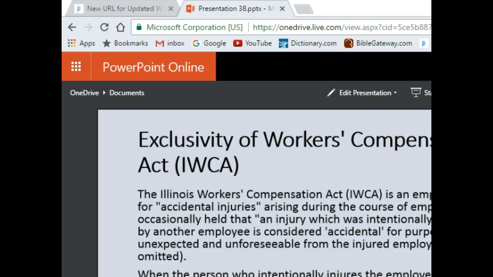Courts have ruled, however, that the exclusivity provisions of the Illinois Workers' Compensation Act do not apply if the injuries were intentionally inflicted by the employer or by its alter ego, or if the injurious actions were commanded or expressly authorized by the employer.